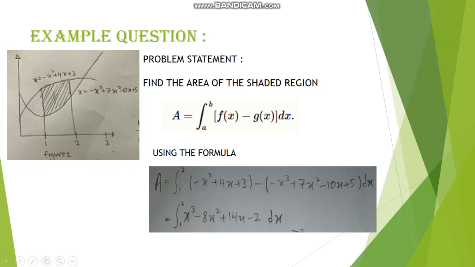So when we substitute, and then we get the new function. After we substitute the top function and the lower function.